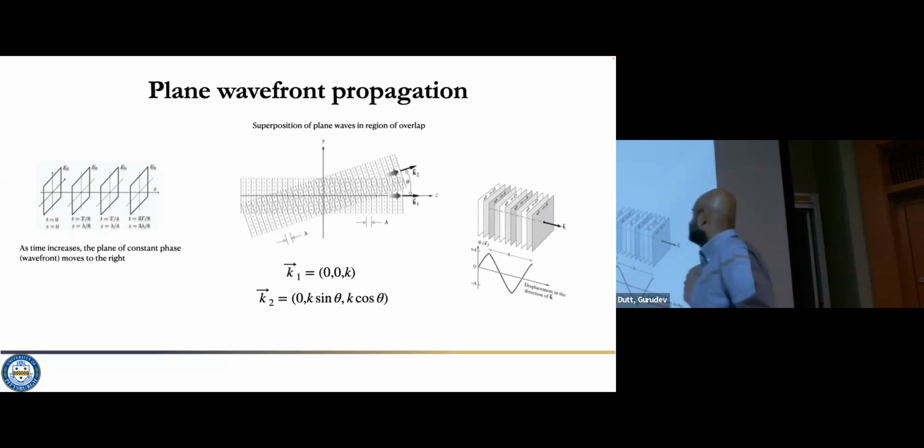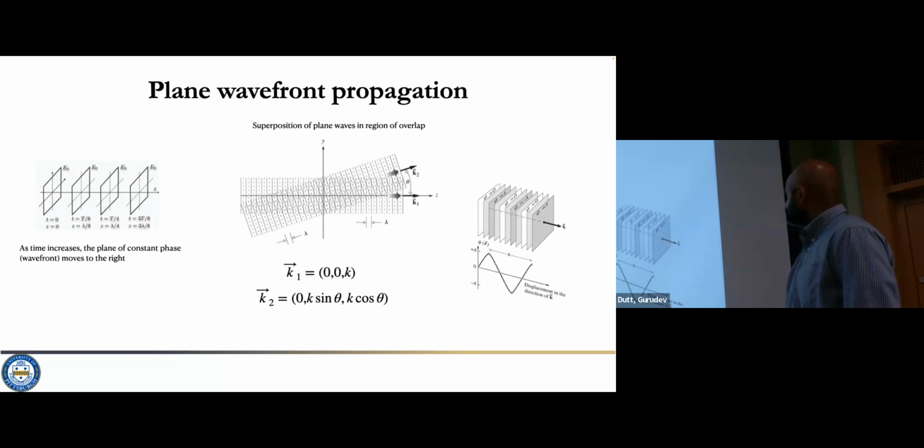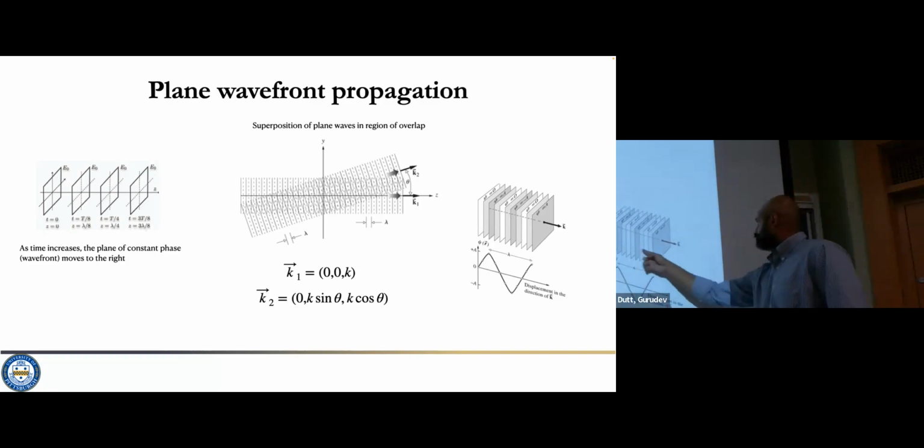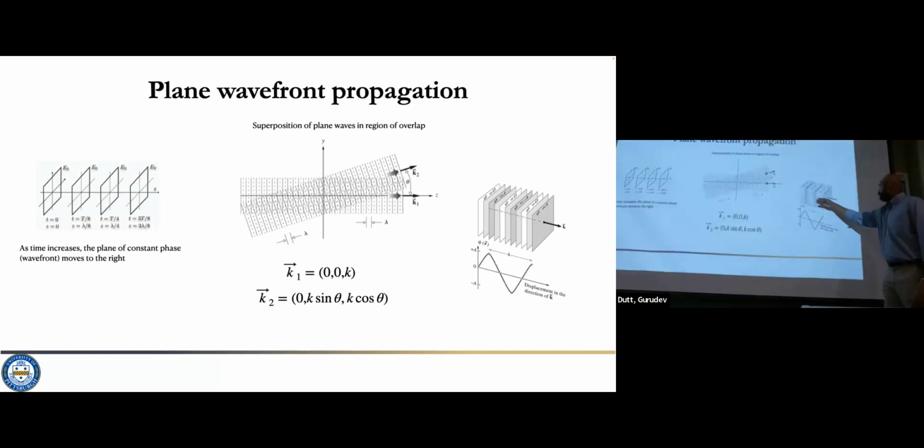So it's tilted with respect to the Z axis. Here's yet another representation which shows, as time goes on, these wavefronts propagate from left to right, or in general along the K axis, displacement in the direction of the K axis.